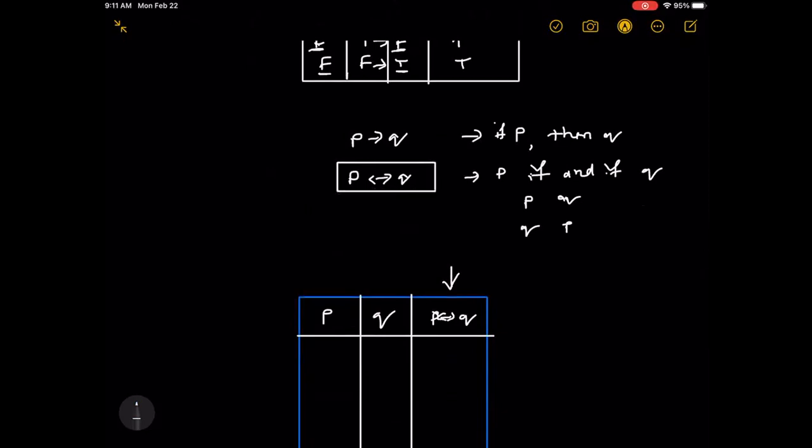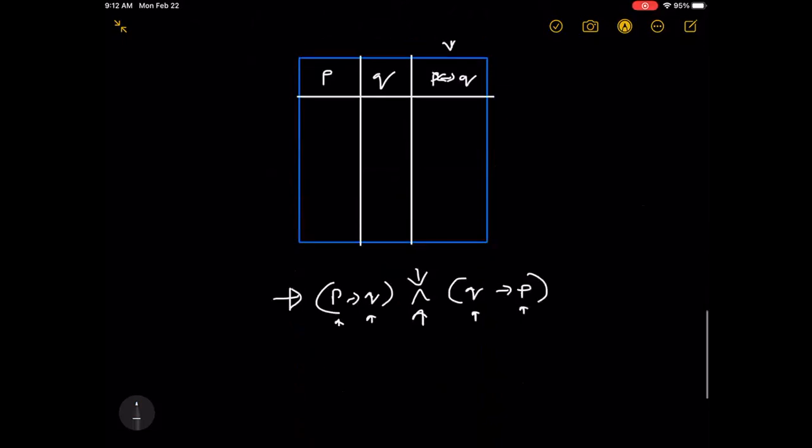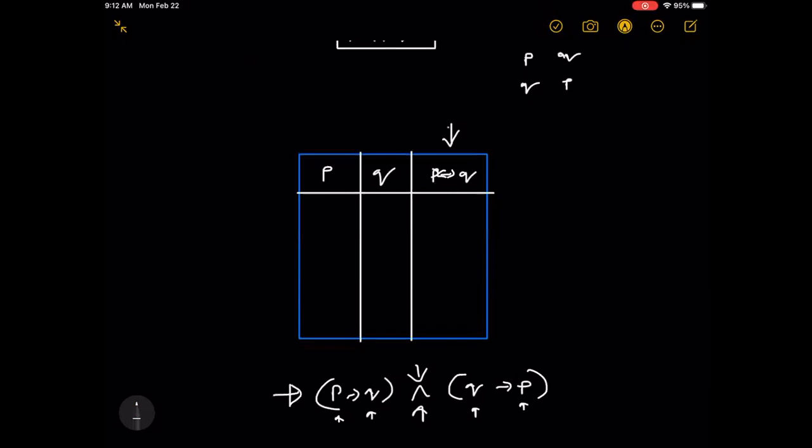That means it's either way. It's either from P to Q or from Q to P. That's why we have used this notation, if you remember. Okay? So instead of writing a big condition like this, we can rewrite it using this simple notation.